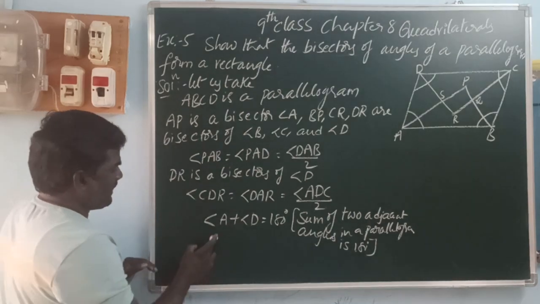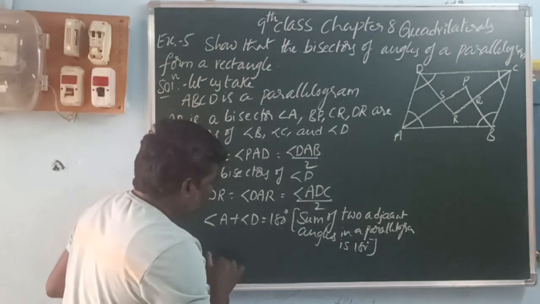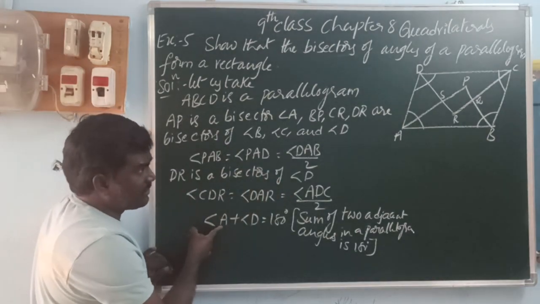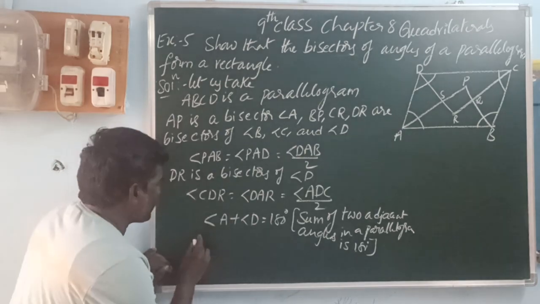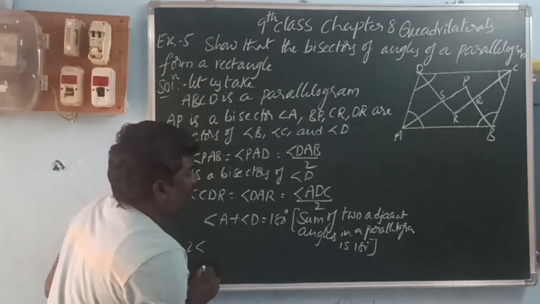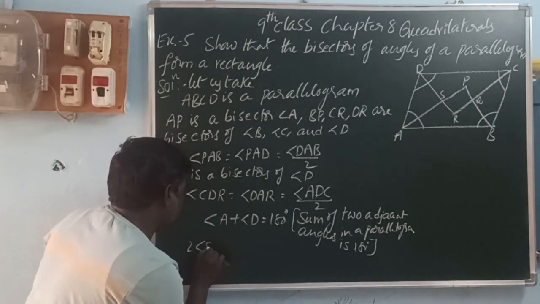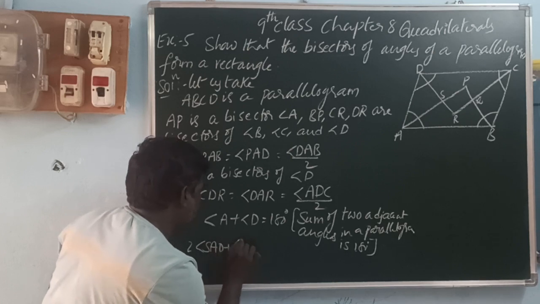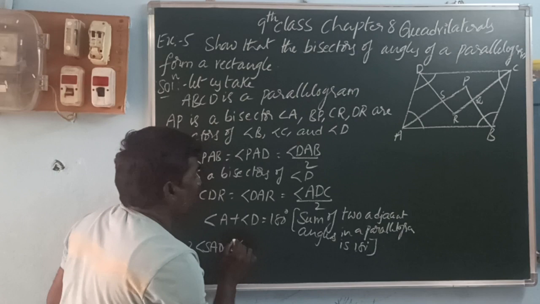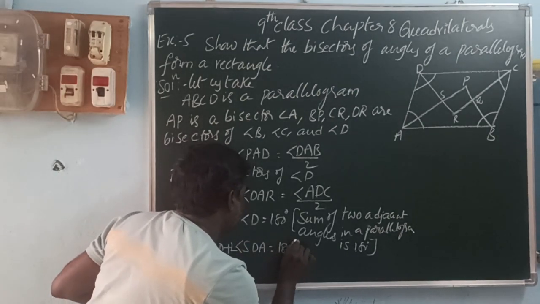So angle A plus angle D is equal to 180. So here, in the place of angle A we can take 2 times angle SAD, plus angle D. In the place of angle D I can take 2 times angle SDA, is equal to 180.